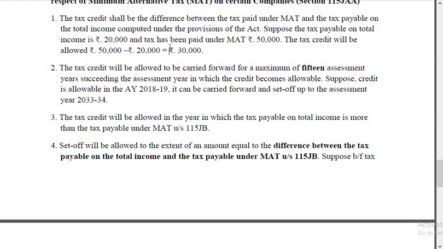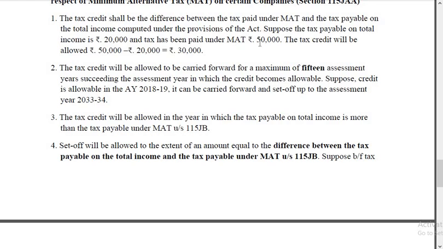Supposing next year the tax on total income is say 40,000 and MAT is say 20,000. Then the tax payable is as per the total income, that is 40,000.